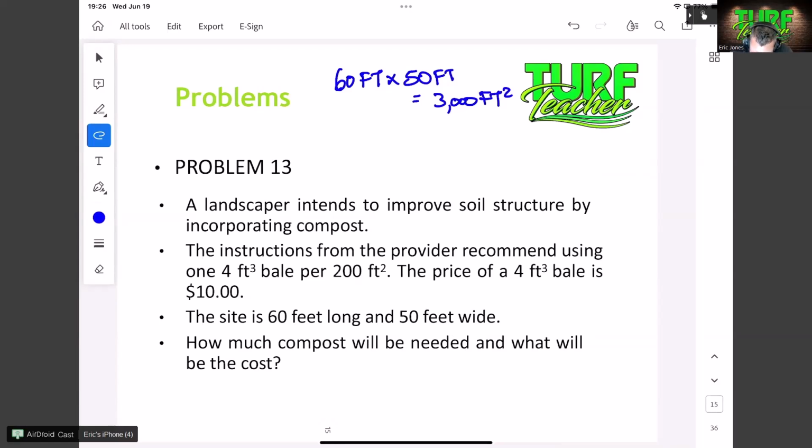And we know that one bale is going to do 200 square feet. So how many bales? We're going to solve for X over 3,000 square feet.